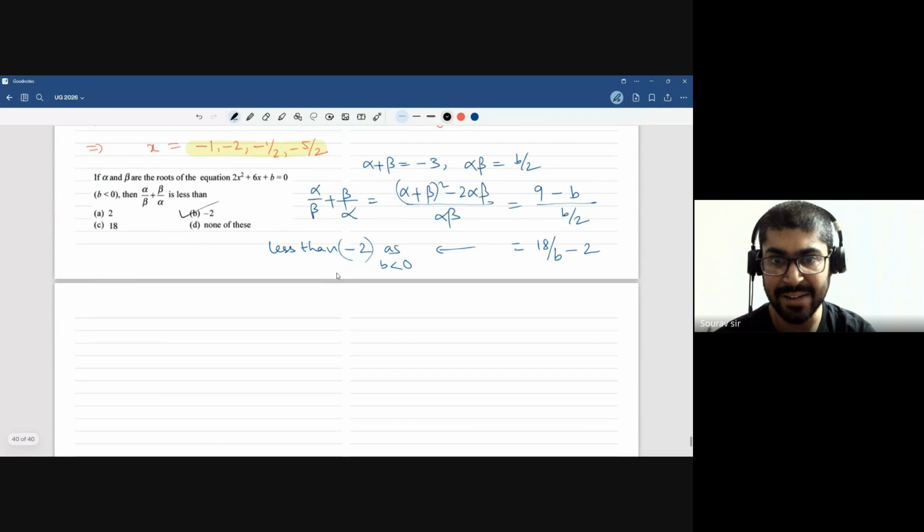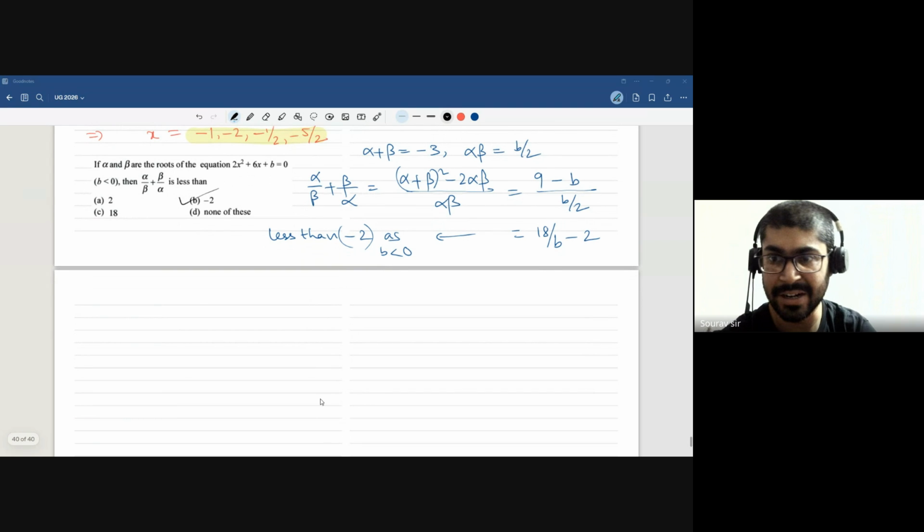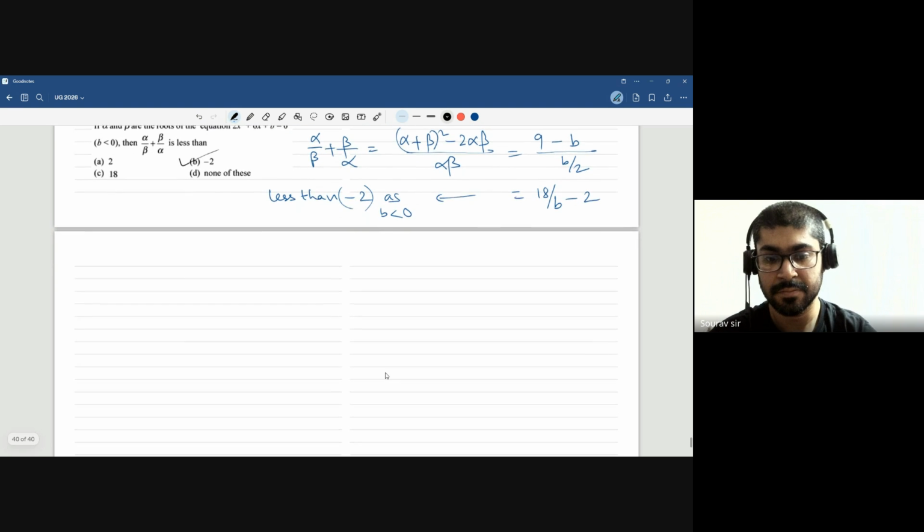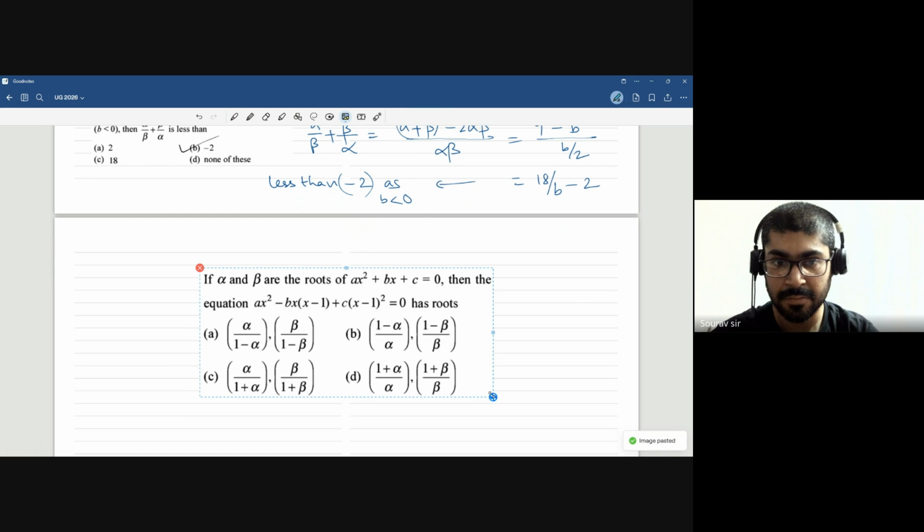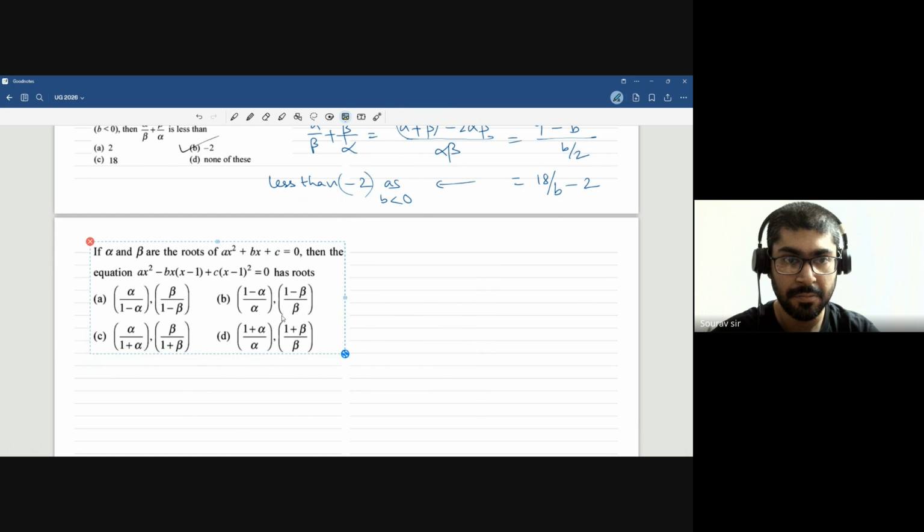This was not that difficult of a sum, but then again it was a bit confusing. So these are state entrance exam problems. Next one, this is a bit tricky, so take your time with it, and this will be our last problem for today. Try this.